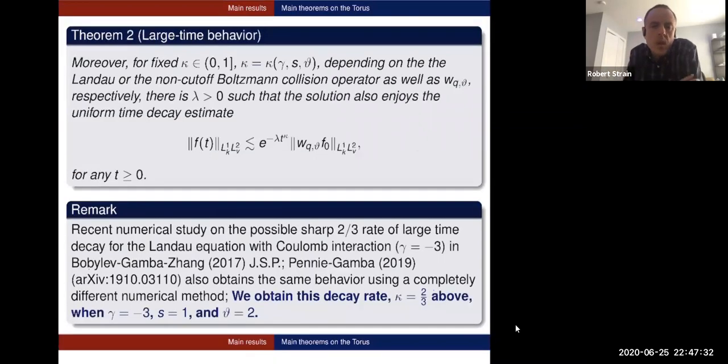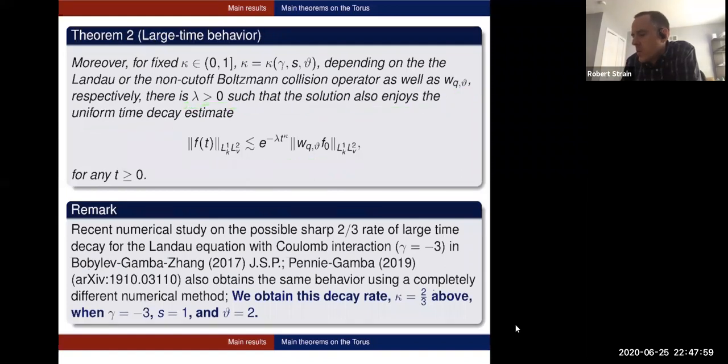And we also have the large time behavior. So for fixed kappa, which is a number, there's a formula for it. Kappa is 1 when gamma plus 2s is positive, but kappa depends on the Landau or the non-cutoff Boltzmann collision operator, as well as the weight. And then there is lambda, such a solution also enjoys uniform time decay.